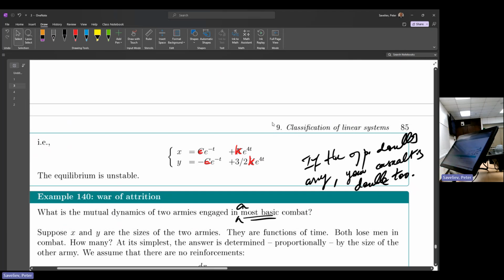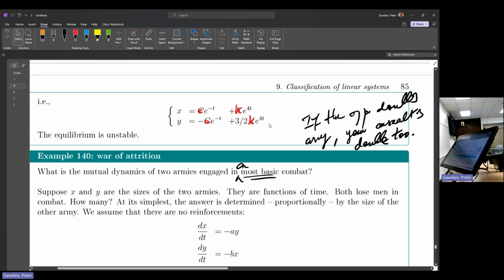That's the idea of proportionality. The shooting is almost at random, but once again, the bigger army will proportionally cause more casualties.